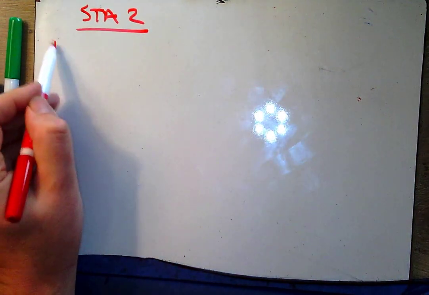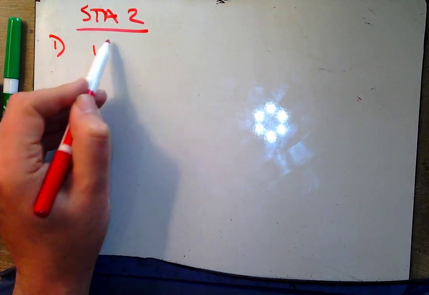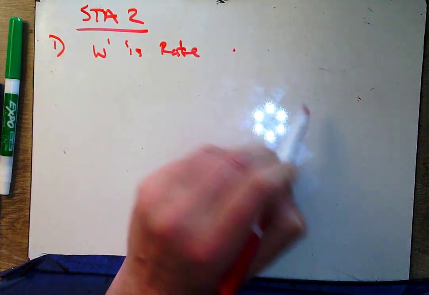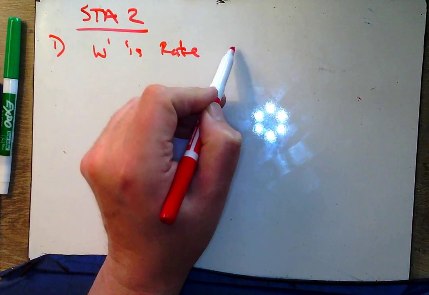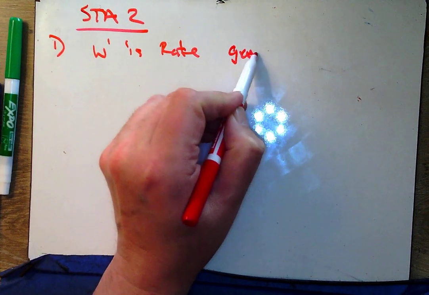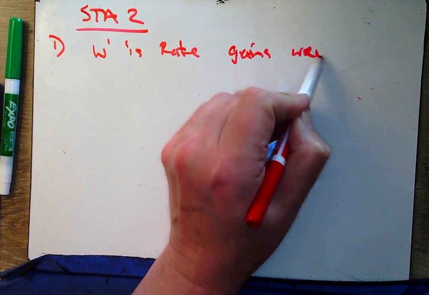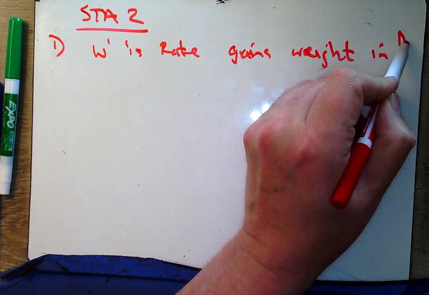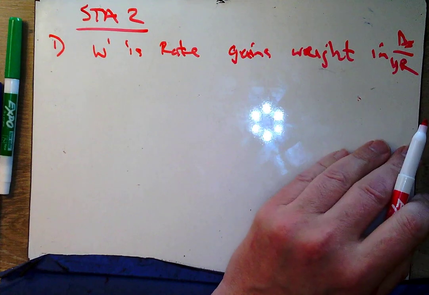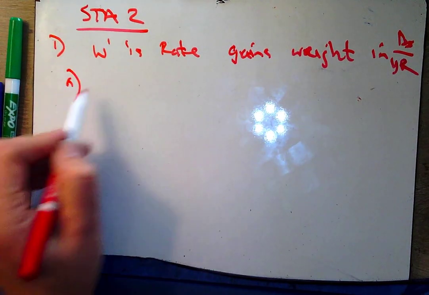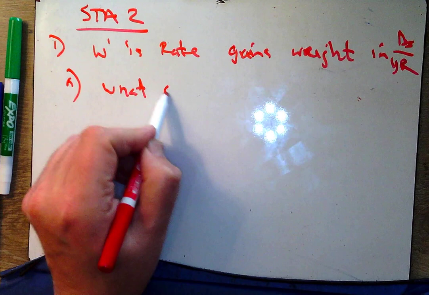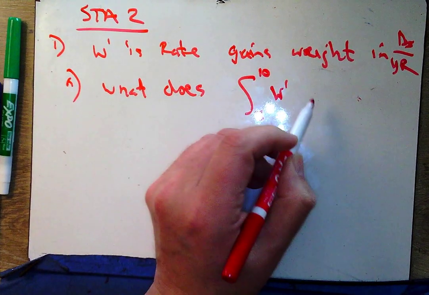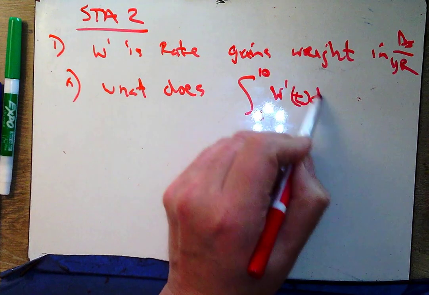Okay, problem one. W prime is the rate at which a child gains weight, W means weight, in pounds per year. Okay, so part A, what does the integral from 5 to 10 of w prime t dt mean?